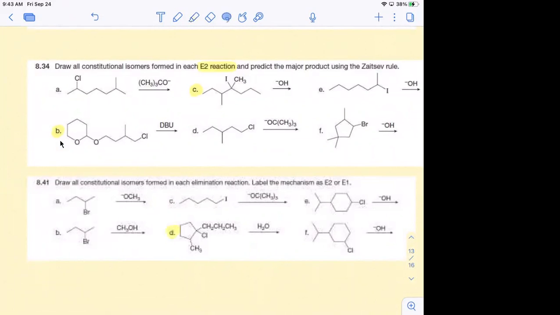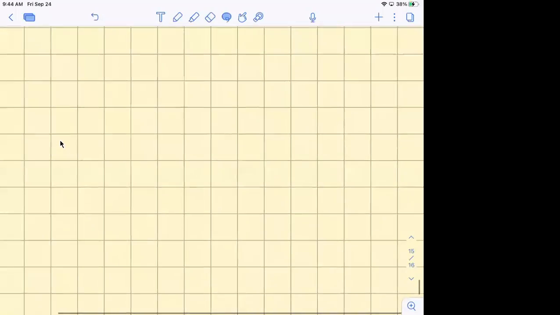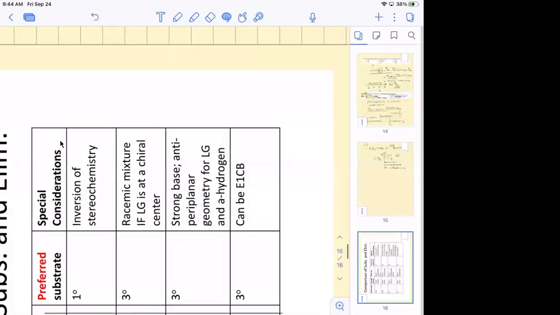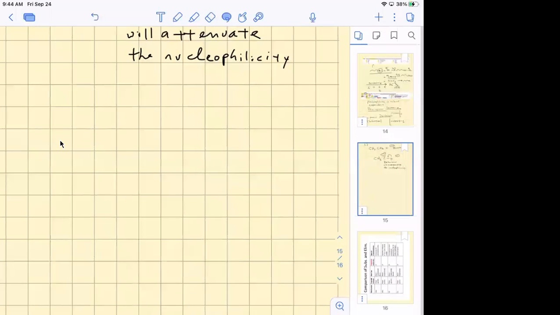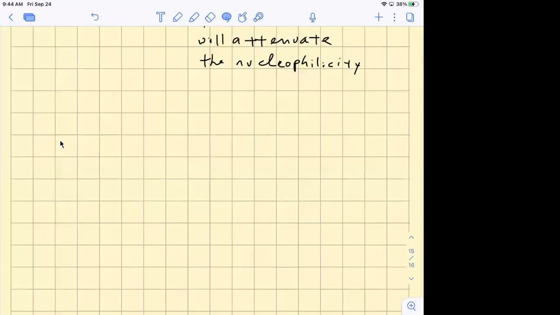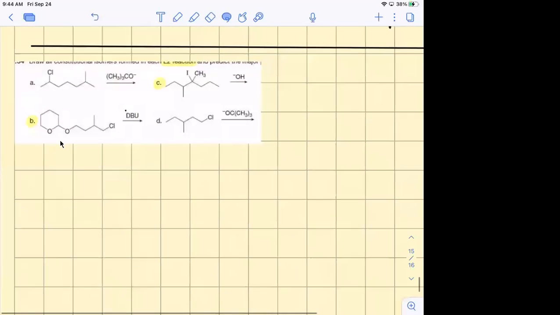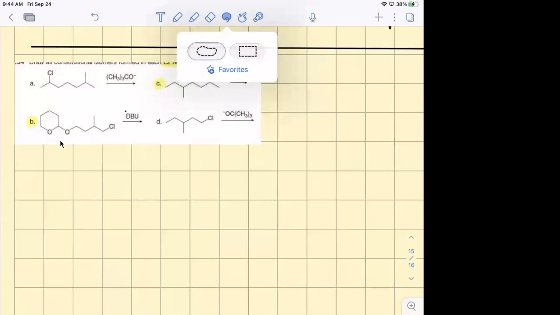So let me cut those out. All right. Didn't do what I wanted to do, but we'll start with B.